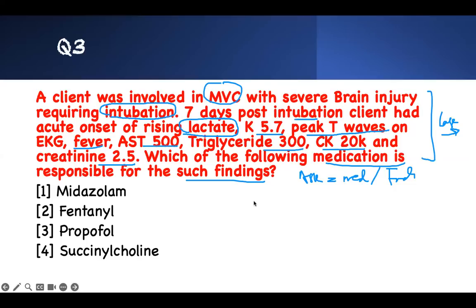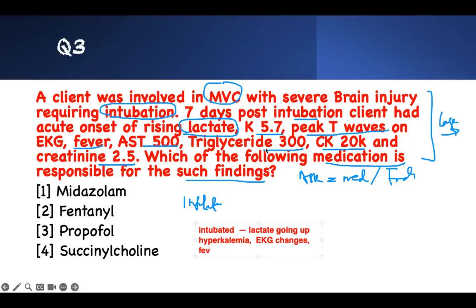What is going on? So, intubated, right? So let's see what we have. Somebody is intubated. All of a sudden, lactate going up, right? What else do we have? We have K up, so hyperkalemia, right? Then I have EKG changes.